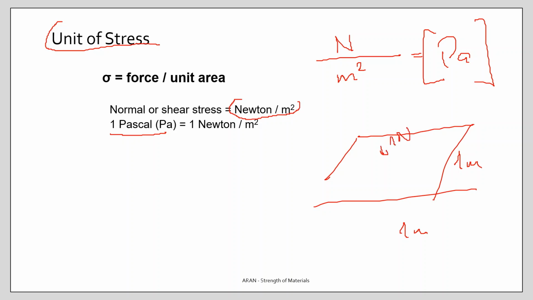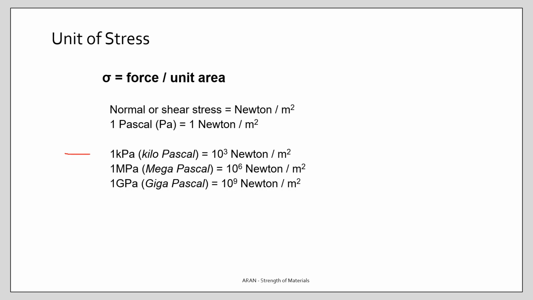This may be used for measuring the pressure of gases or air or whatever. In mechanical and civil engineering, we need units which are like kilopascal, megapascal, and gigapascal. And that is the mostly used one in mechanical engineering.